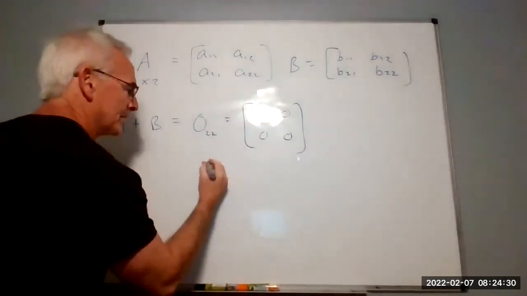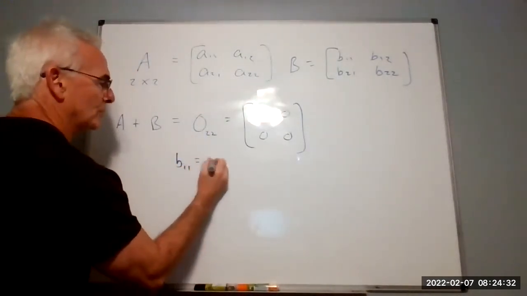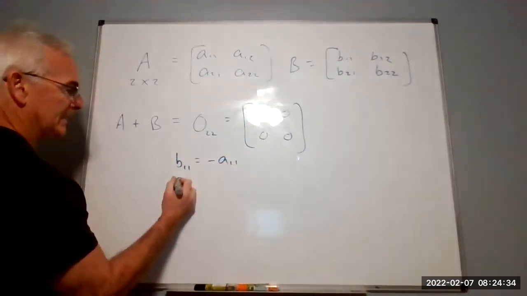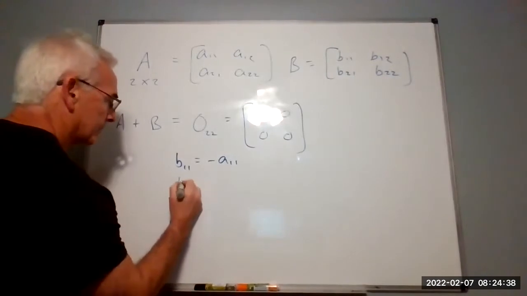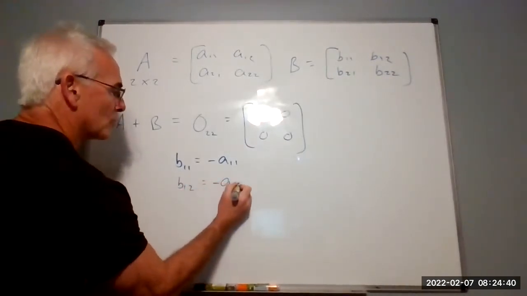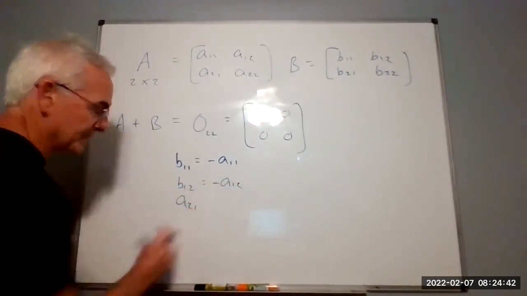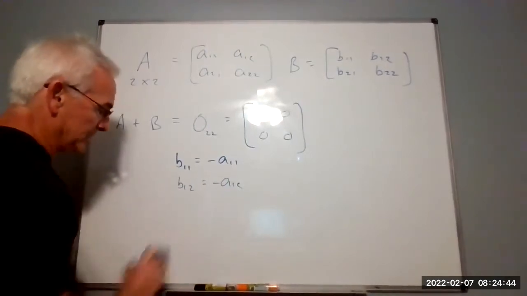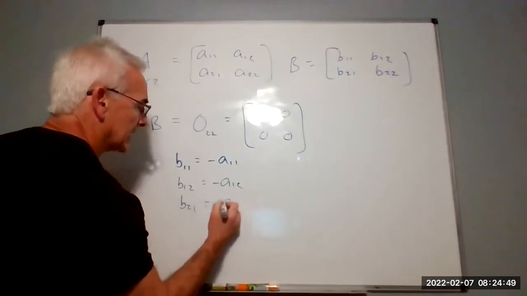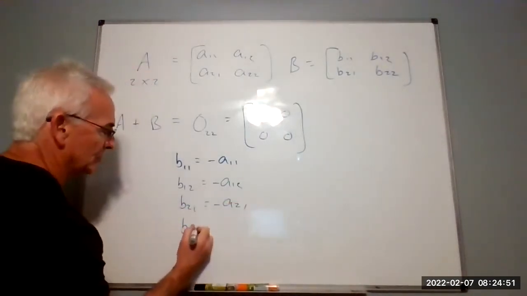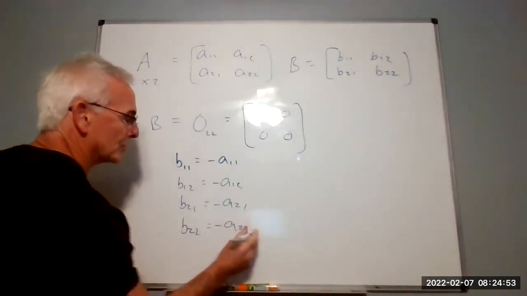This could only happen if B11 equaled the negative of A11, B12 was the negative of A12, B21 the negative of A21, and finally B22 being the negative of A22.